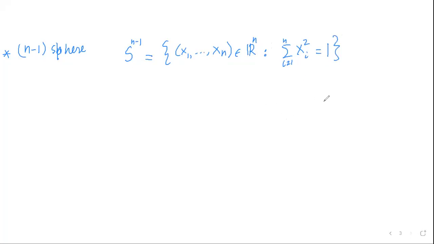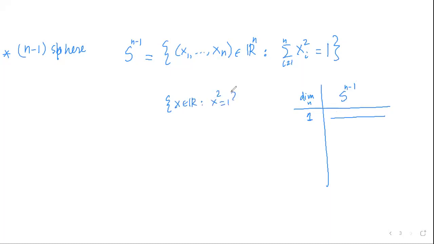So again, let's see in different dimensions. For S^(n-1), I'm taking here dimension n. When I'm taking one dimension, what are those points? It consists of all those real numbers whose square will be equal to 1.